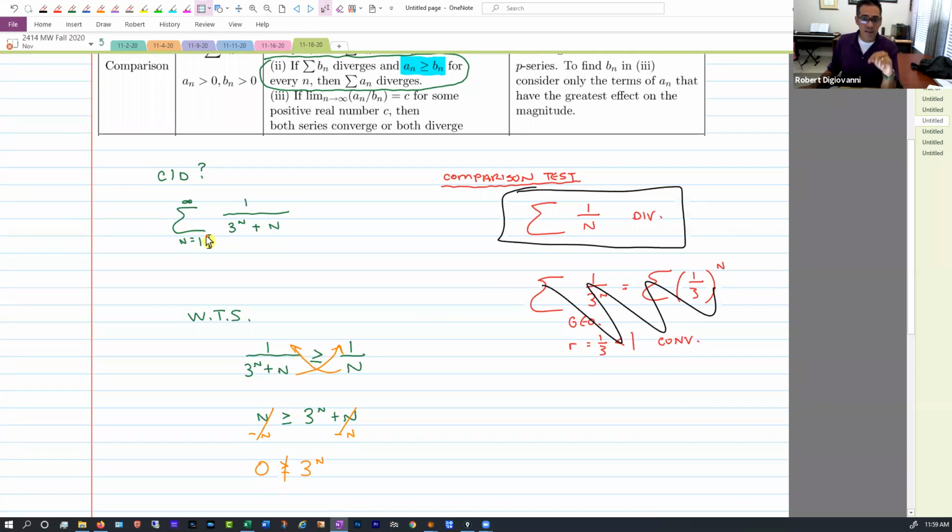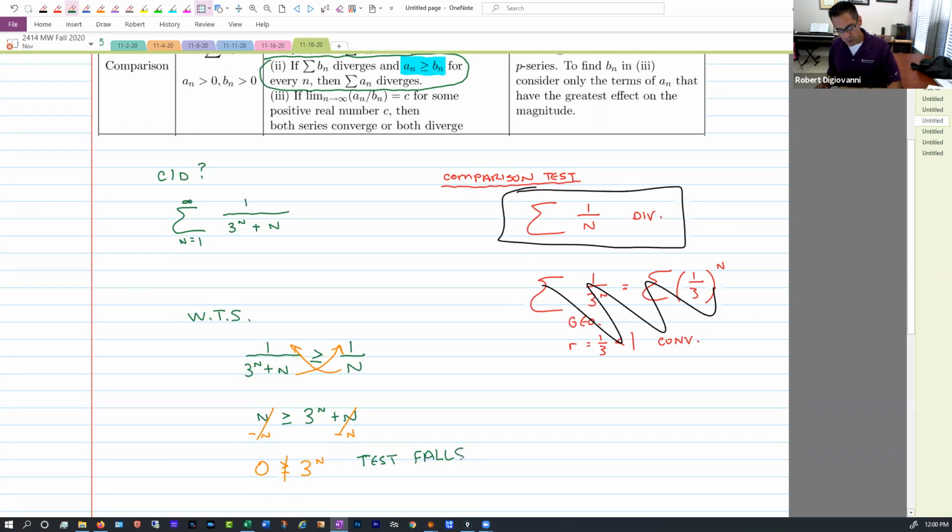No, this means the test failed. It's like a pregnancy test again. It's a test that's inconclusive. You don't know what happens. And that means that our choice of this as our comparison was not good enough to draw a conclusion. All right, now rest assured we will be able to do it. So test fails.